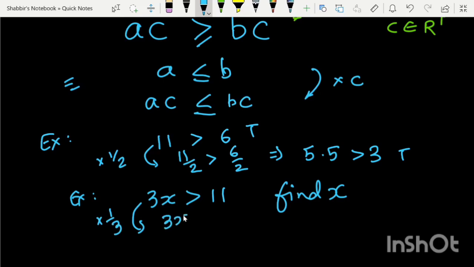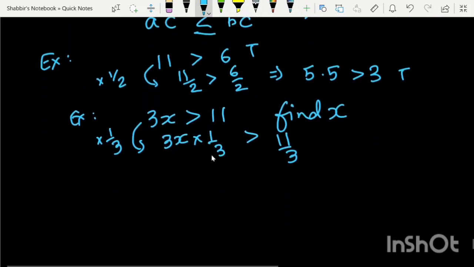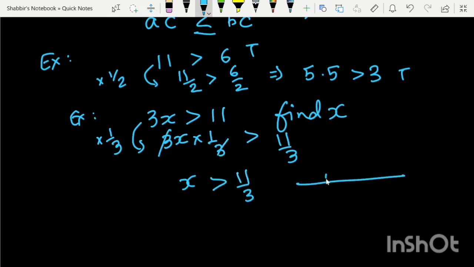So 3x into 1 by 3 greater than 11 by 3. So 3 gets cancelled. We will be left with x greater than 11 by 3, which you can write on the number line from 11 by 3. On the right hand side it will go 11 by 3 to infinity is the answer.